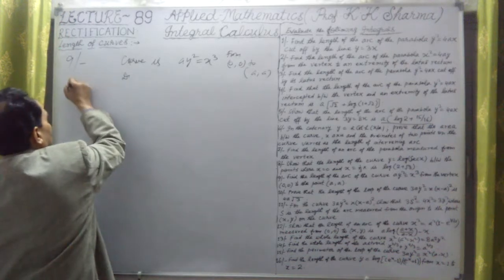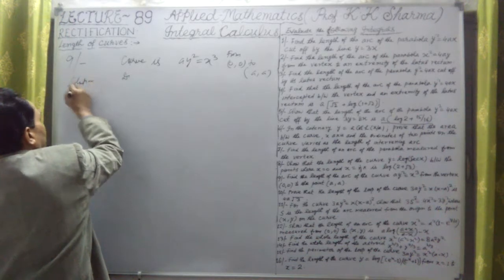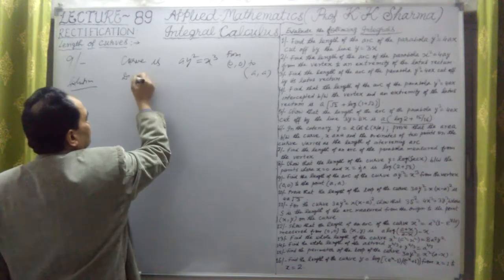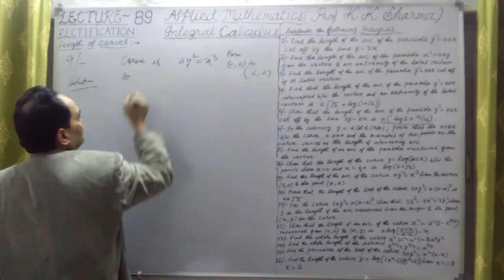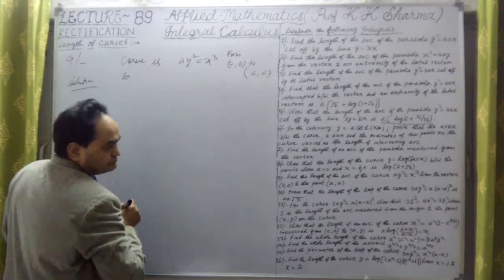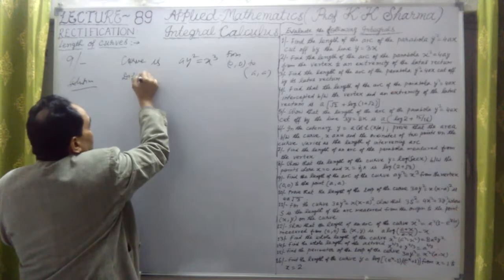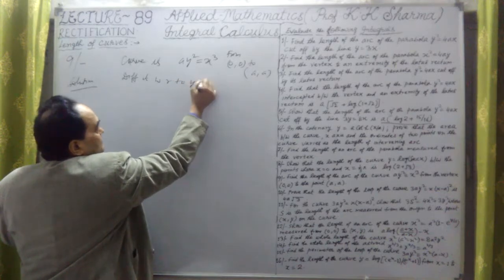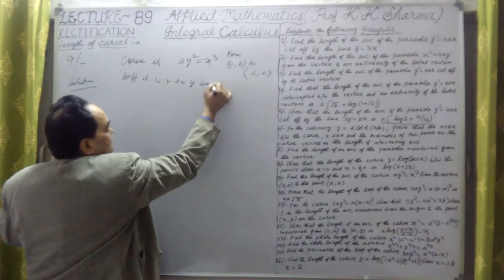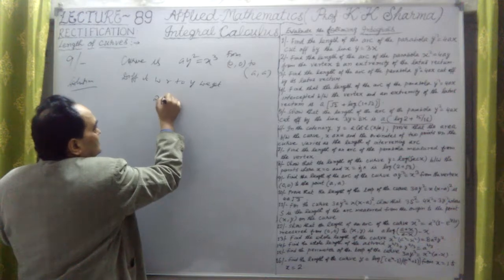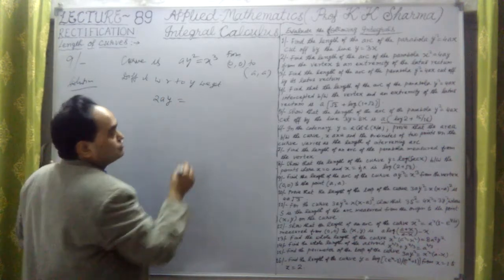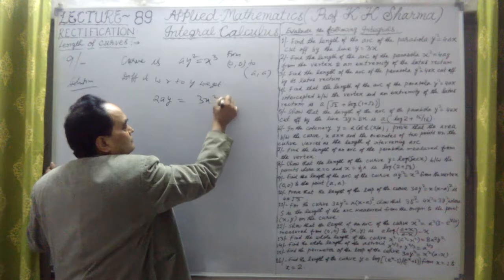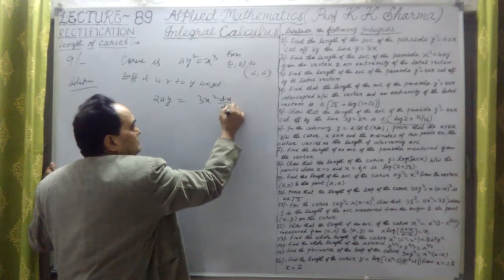We can find out the solution in any way. Differentiating with respect to y, we get twice a into y is equal to 3x square into dx by dy.